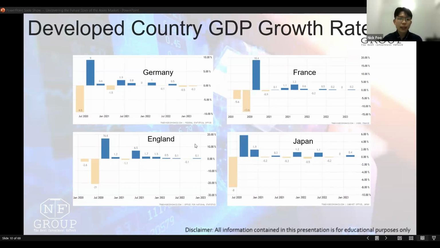Look at France, England, even Japan, the GDP growth rate is very volatile. Ladies and gentlemen, that's why our stock market is also volatile.